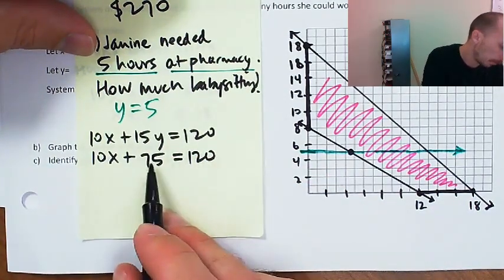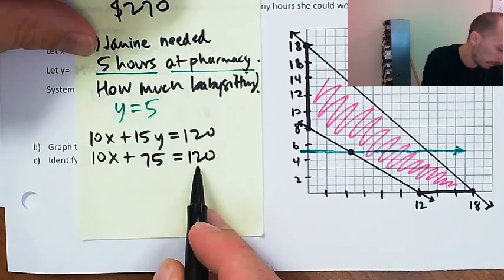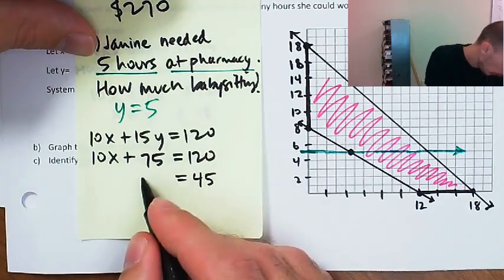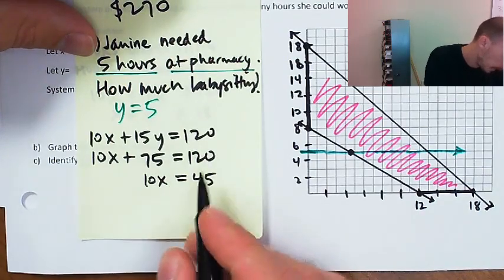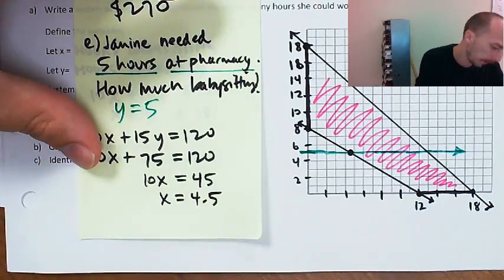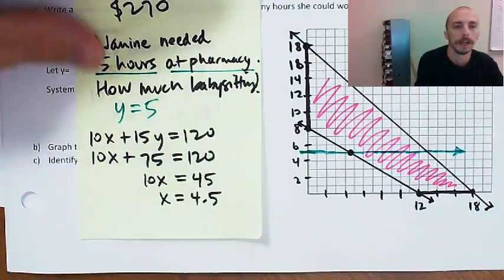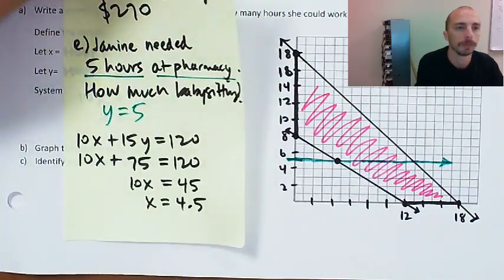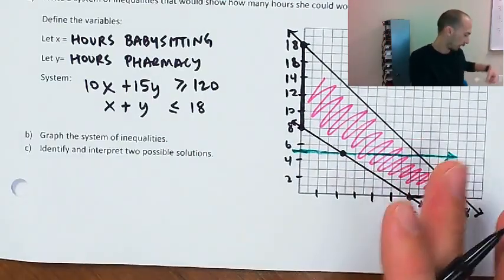I'm going to subtract 75 from both sides. 75 and 25 would be 100, so that's going to be 45. I'm going to divide over here, and so I would need to spend at least 4.5 hours babysitting in order to get at least my $120 if I'm Janine. Okay? And so that's all I've got to say about that particular example.